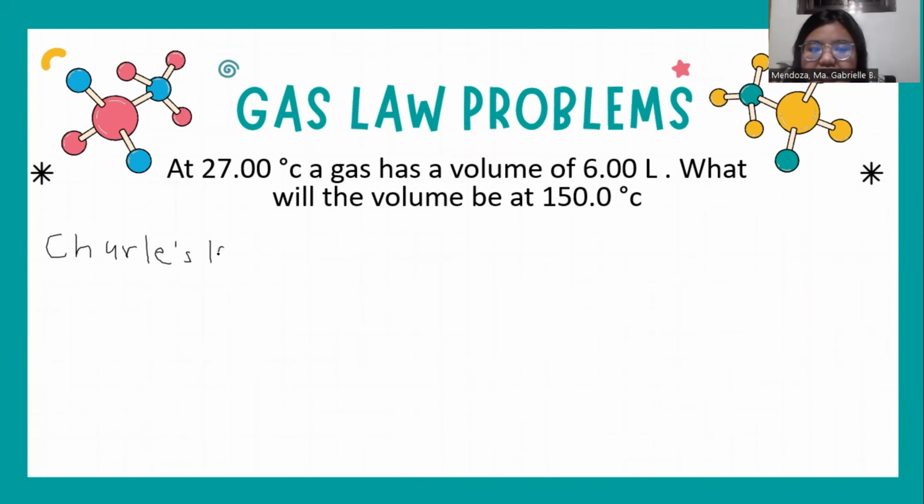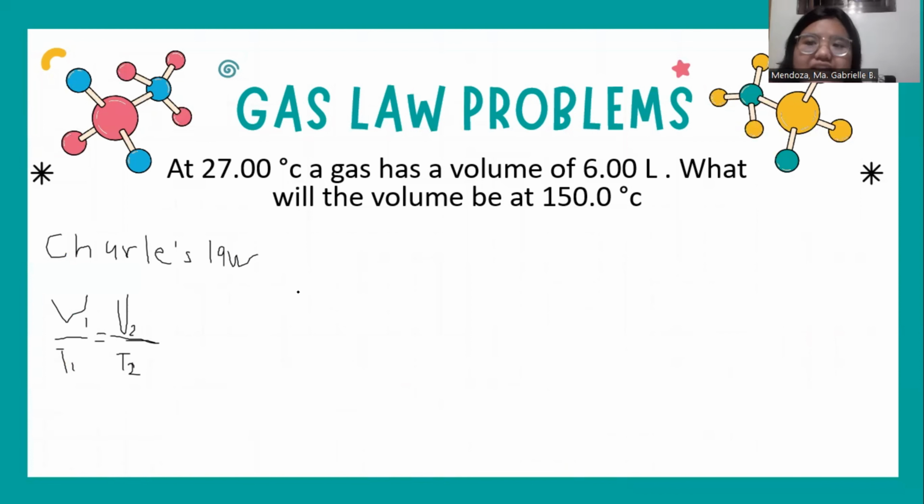Tapos, ayun. So, Charles Law. Dito naka-indicate na pressure is constant. So, therefore, ang formula natin for Charles Law is V1 over T1 equals V2 over T2.